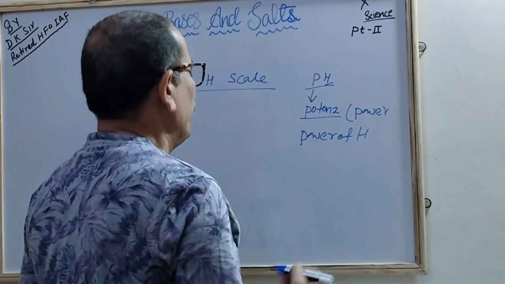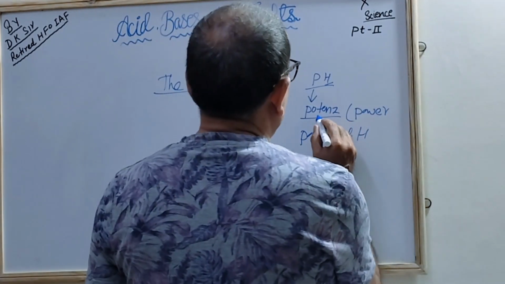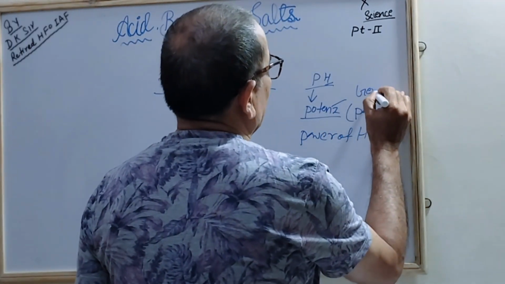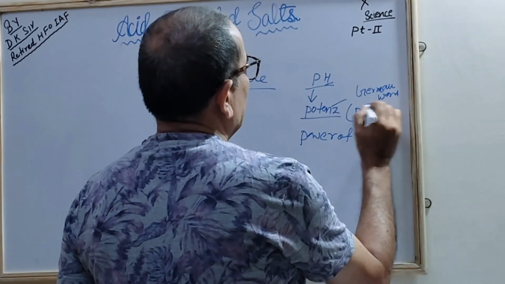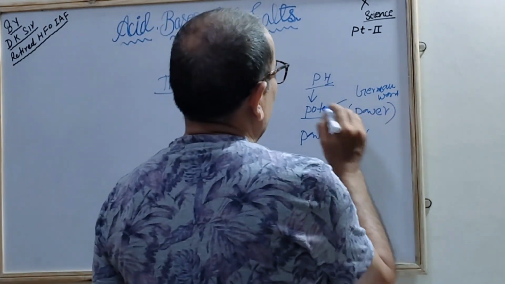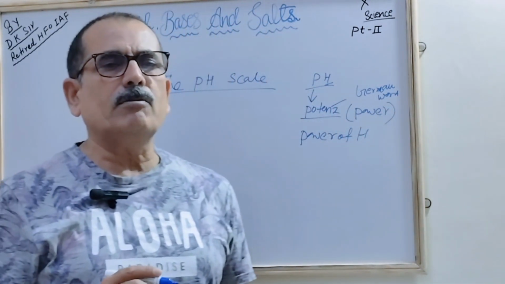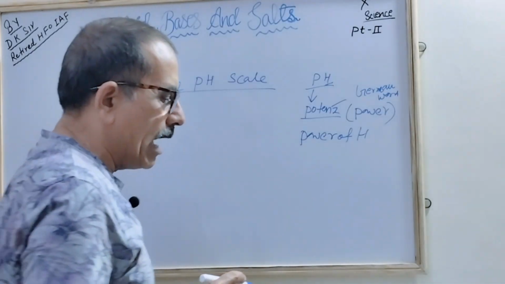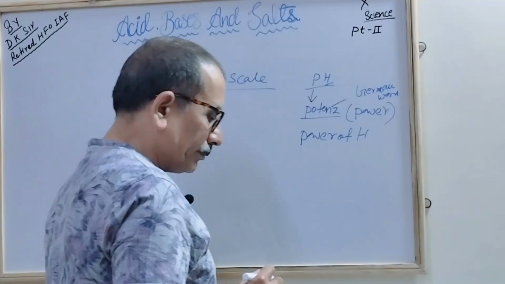And this word potenz is a German word, which means power. So we are going to calculate by the pH scale. Basically, we are going to calculate the H, whether the H is more or less, correct?